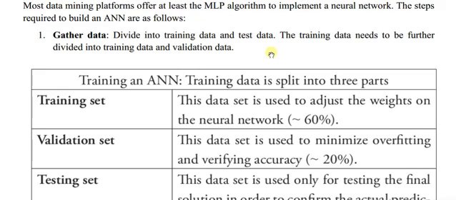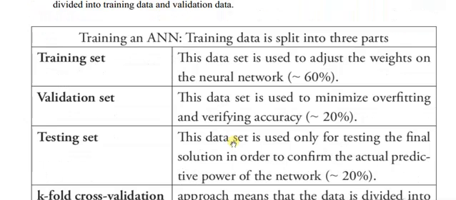Whenever there are values leading to overfitting, we use validation data to adjust the weights, and this percentage is approximately 20%. So training data is for learning the weights of the network, and validation data is to minimize the overfitting of the network.